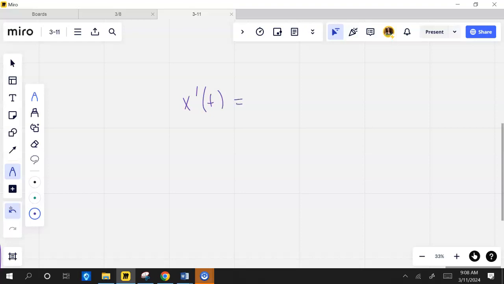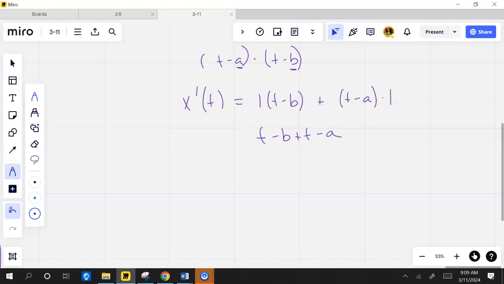So if your x of t is t minus a, t minus b, I did product rule on this. T is your variable, so a and b could be any arbitrary value whatsoever. So derivative here would just be 1. So derivative of the first times the second plus the first. And then what's the derivative of the second? It's just 1 again. So I've got t minus b plus t minus a.